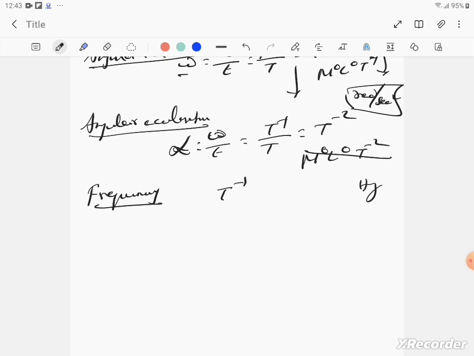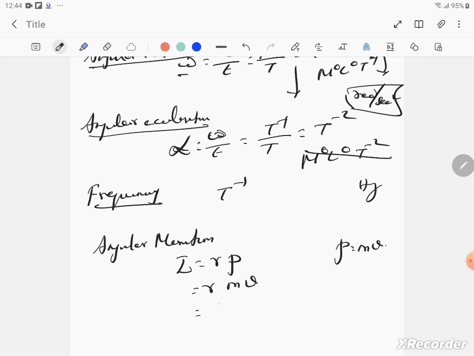Okay, so these are the things to do with rotational motion that you are supposed to know. And then we can also talk about angular momentum, which is represented by capital L. It is like linear momentum, which is mass into velocity, but angular momentum is r times linear momentum, so it's r times m into v.